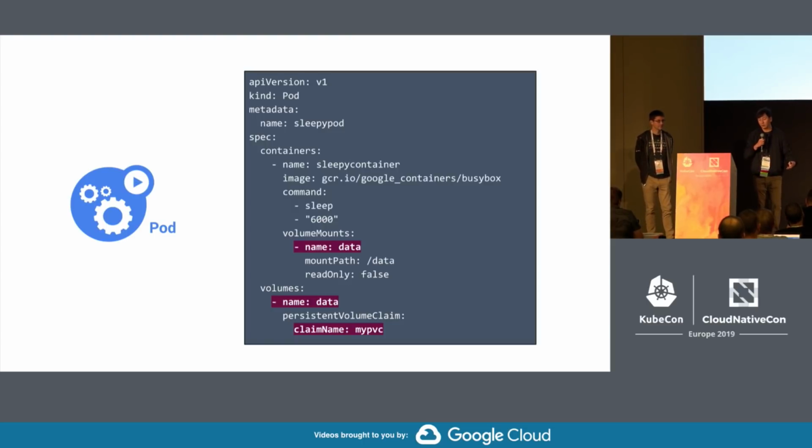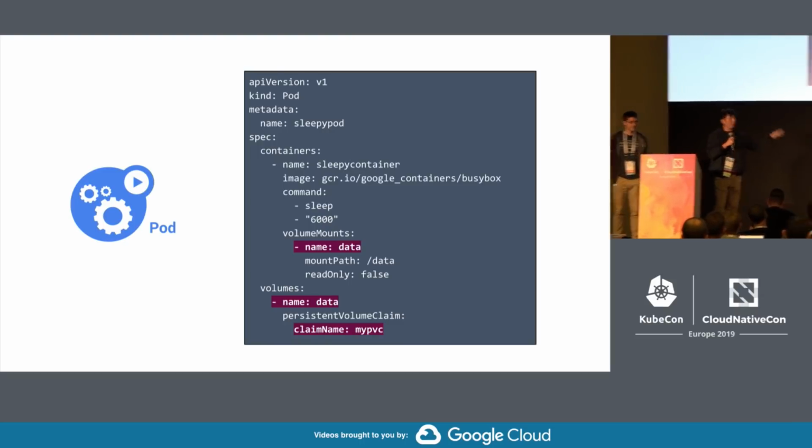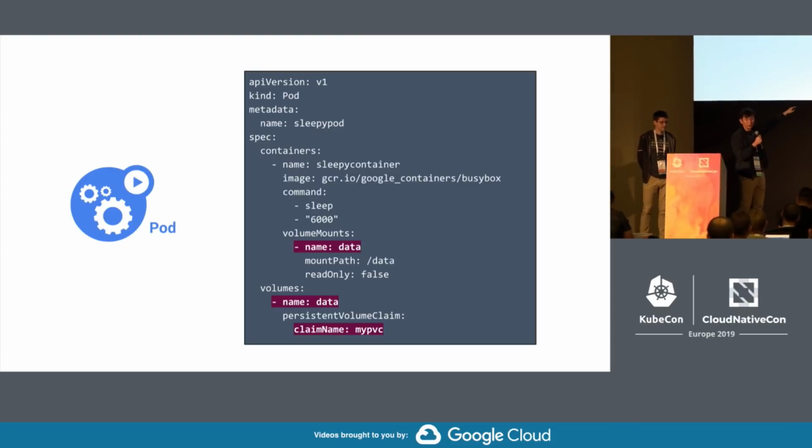In our case, it will also contain some persistent storage information. So in this example here, our sleepy container has a volume mount called data. And that's the volume that we're mounting into our container. Here's the path that we're giving it. And you can see that we've actually defined what data is in this pod specification as well.